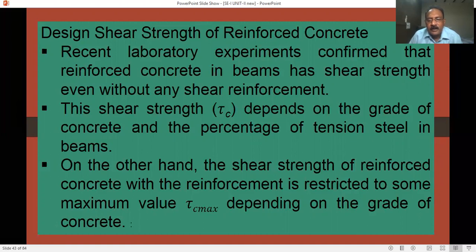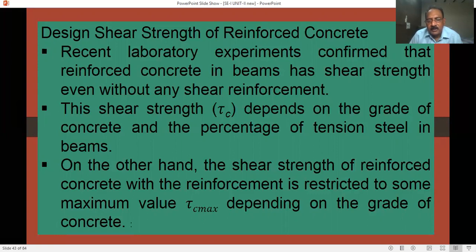If you go for higher grade, concrete will take more shear strength, but we have to provide minimum shear reinforcement by means of vertical stirrups. In the beauty of the IS code book, you will observe that it provides minimum and maximum reinforcement for any type of element, any type of structure.